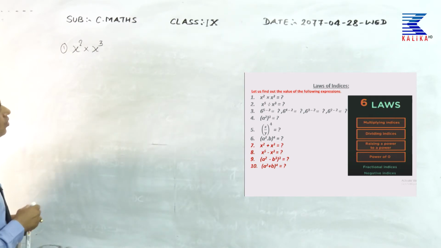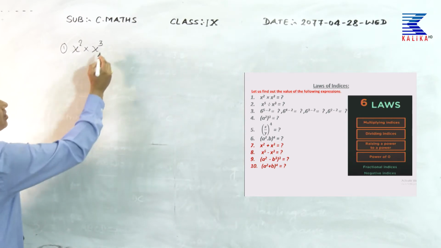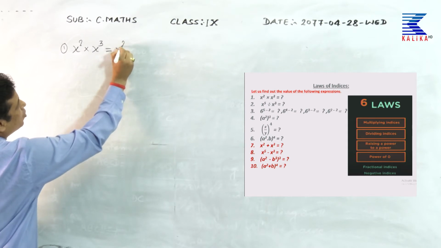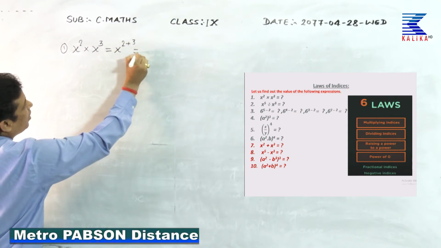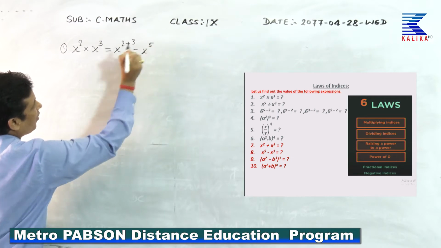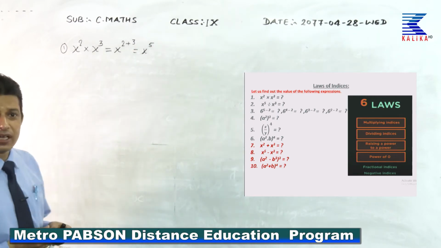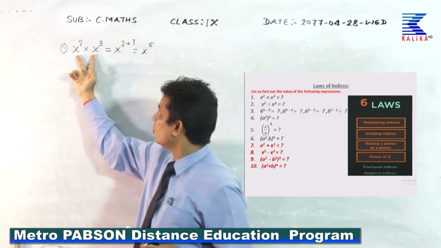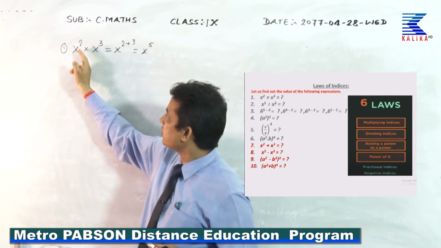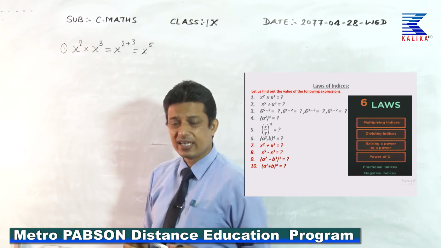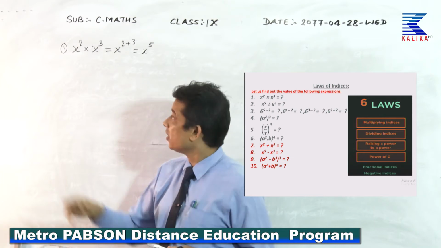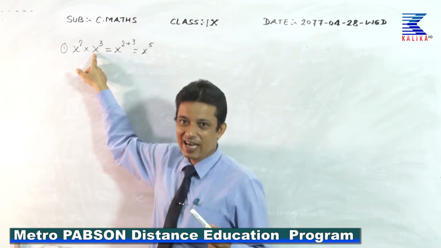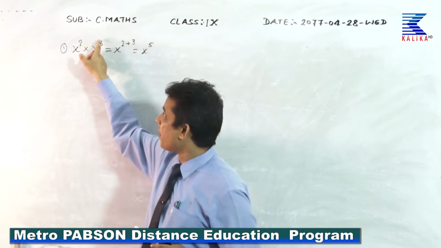Now, x square and x cube. I hope you know the product. By the laws of indices, we write this result as x to the power 2 plus 3, and finally x to the power 5. When we need to multiply these two terms x square and x cube, you can see their base is the same, x, but the powers are different.